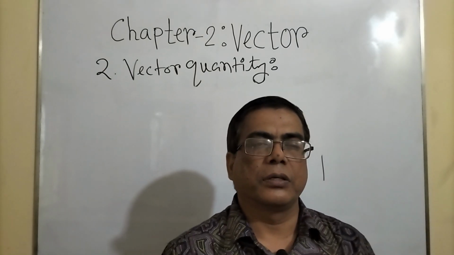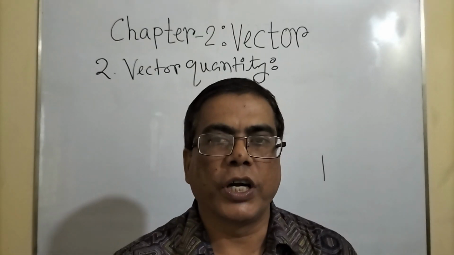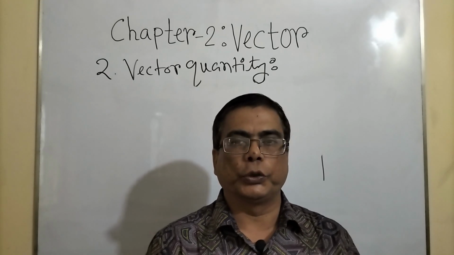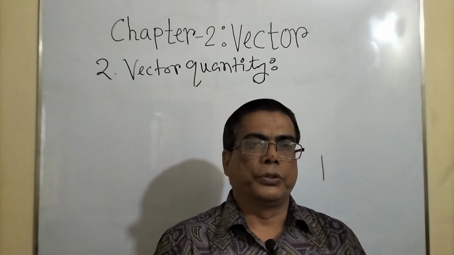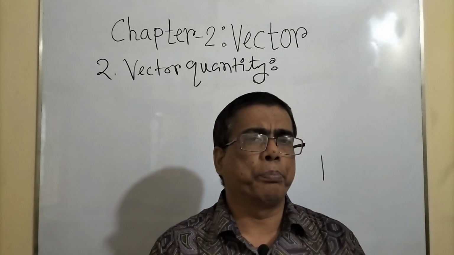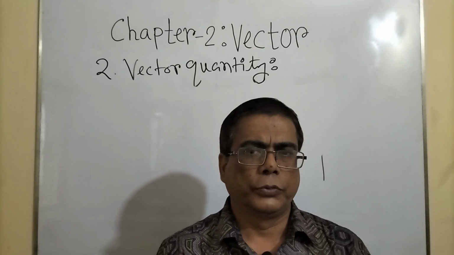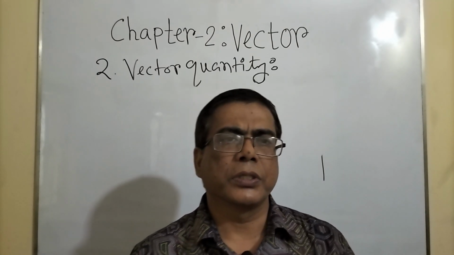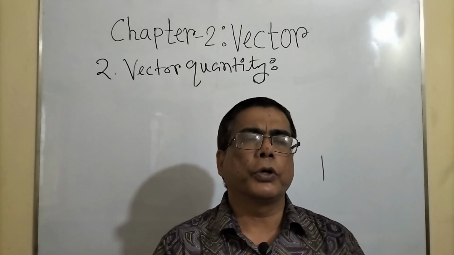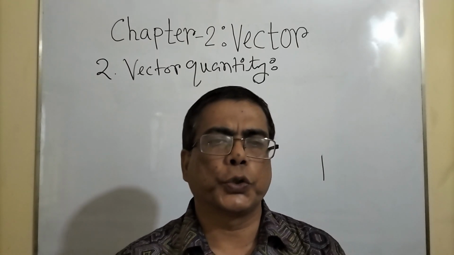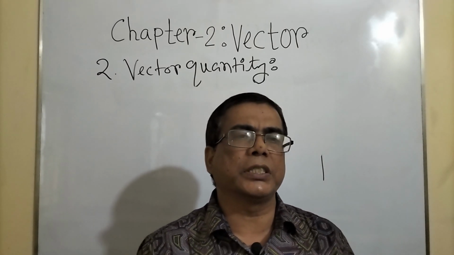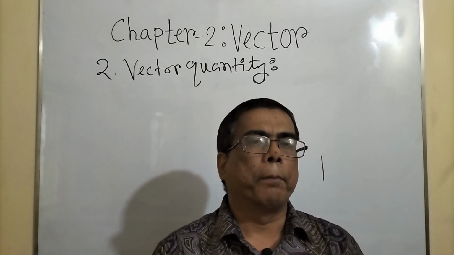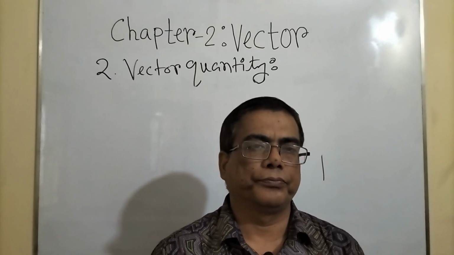Like previous, I will add a word mathematically in this definition. As a result, the definition will be more specific. So the definition is now the physical quantities that require both magnitude and direction to be represented mathematically are called vector quantities.